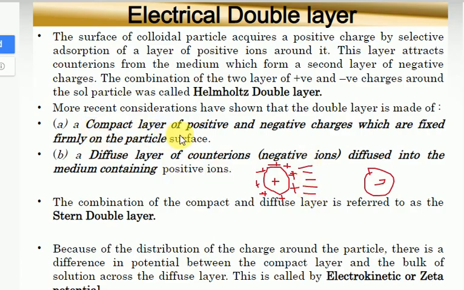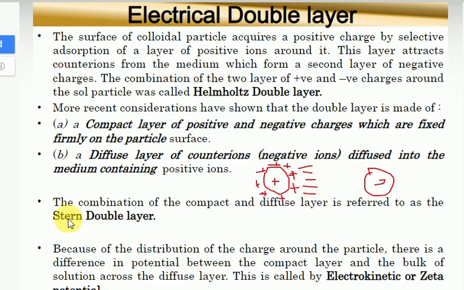A compact layer has positive or negative charges which are fixed firmly on the particle side, around the colloidal particle. The diffuse layer is of counter charge, generally negative charge particles. These negative charge particles in the diffuse layer can easily move.